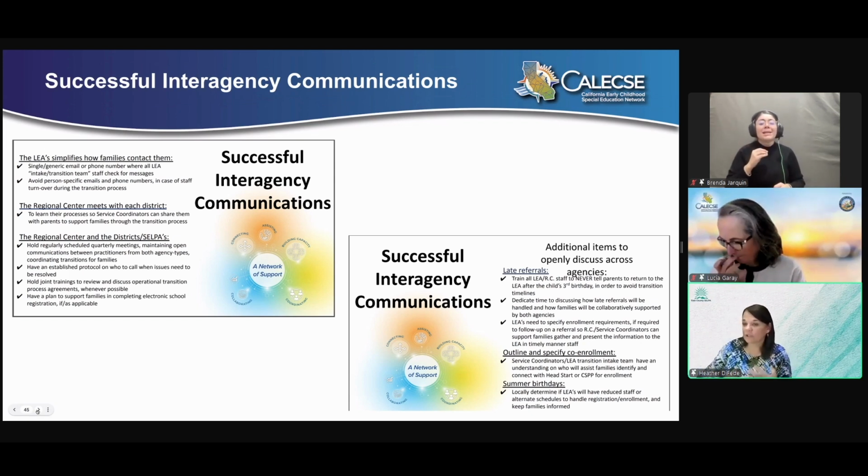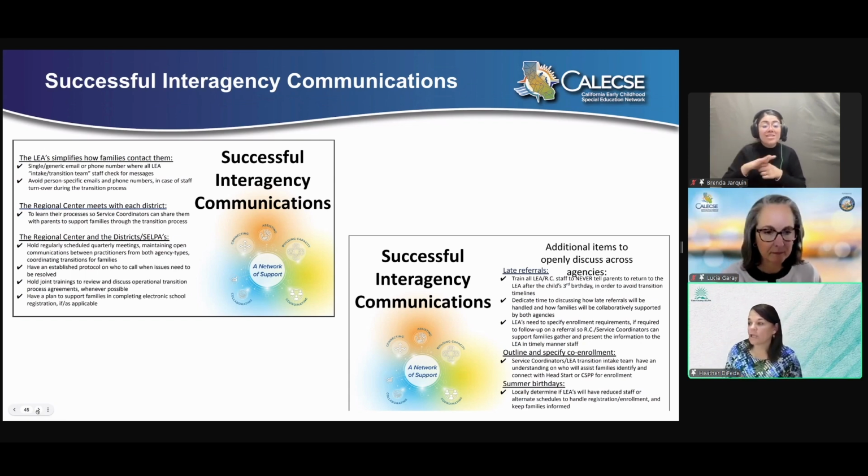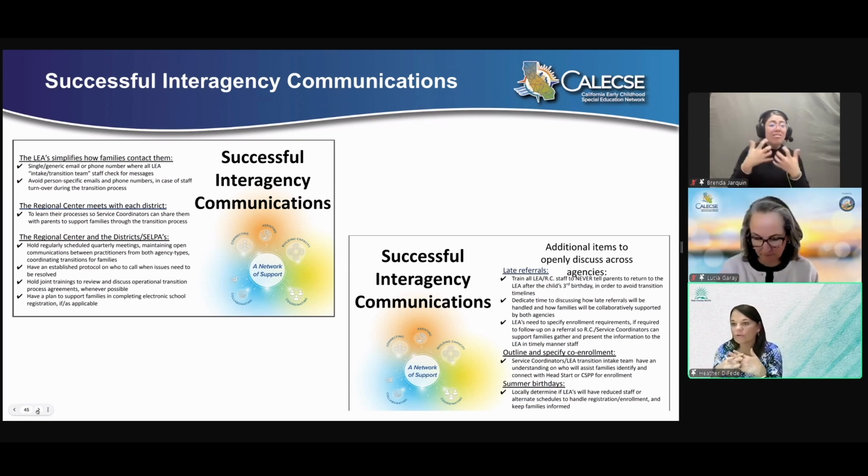Then we started feeling an undercurrent of turnover. So really thinking through what that means: how can we make sure our interagency agreement is still functioning, our collaborative still functioning, and down at the LEA level, how are those referrals still happening?